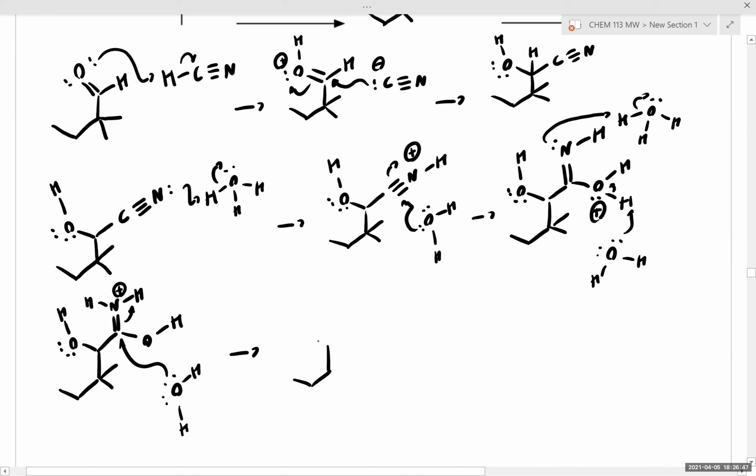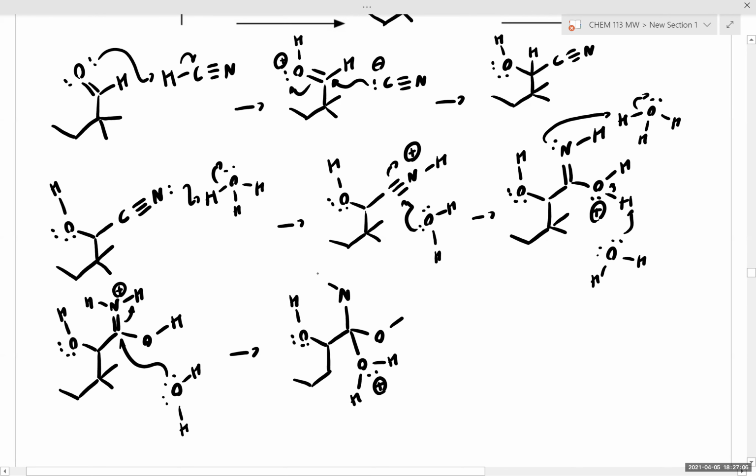Okay, we're almost done with this mechanism actually. It's very reminiscent almost of carbonyl substitution mechanisms that we've seen, and also the mechanism for example, acetal hydrolysis.